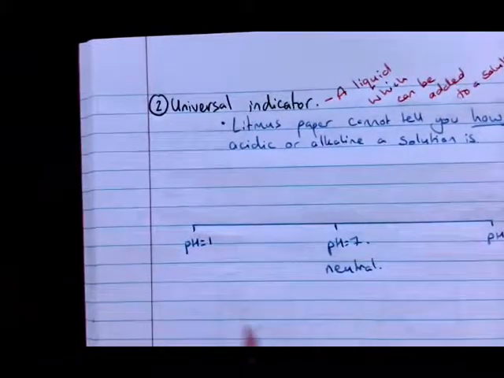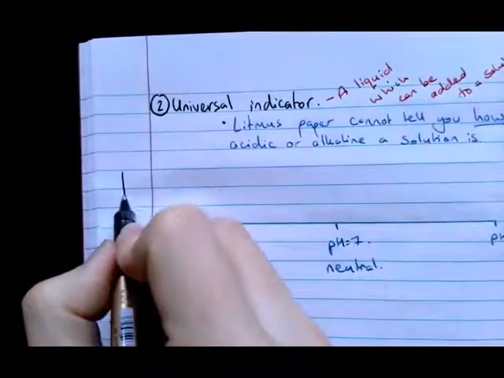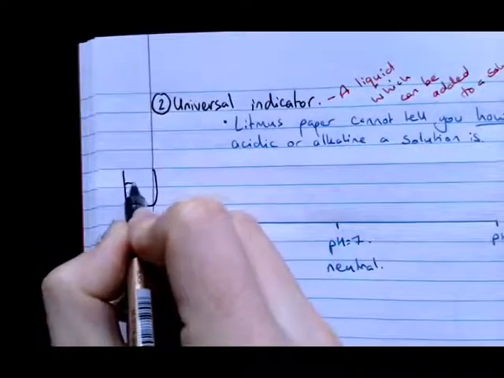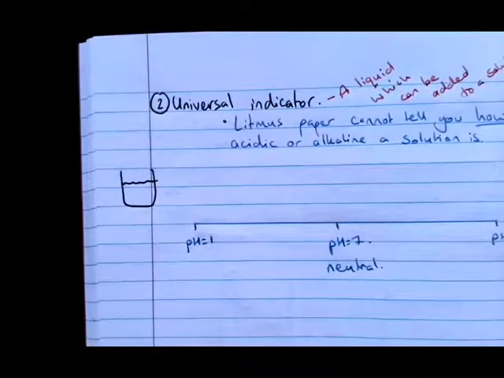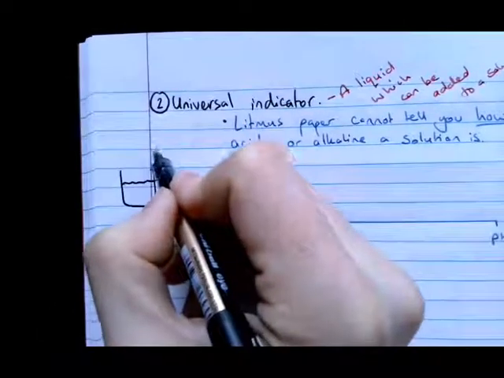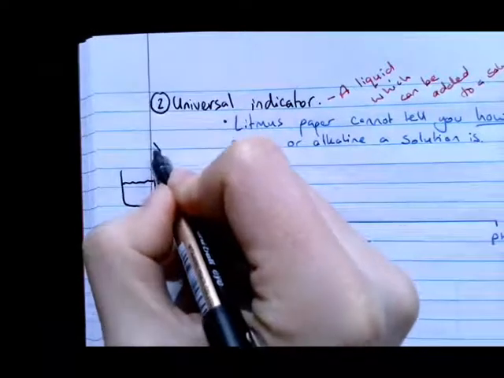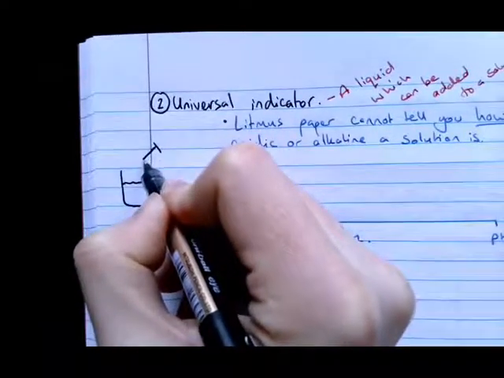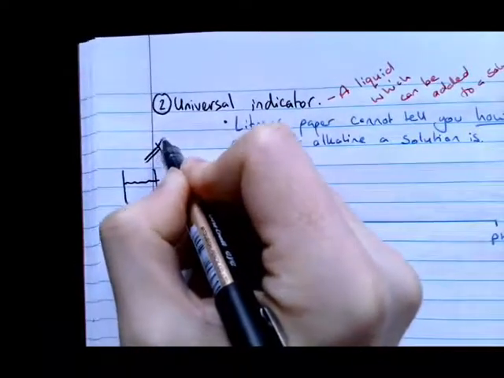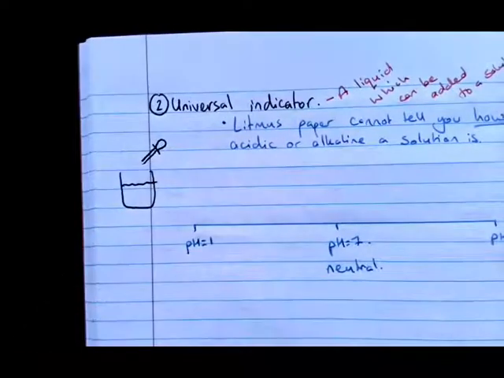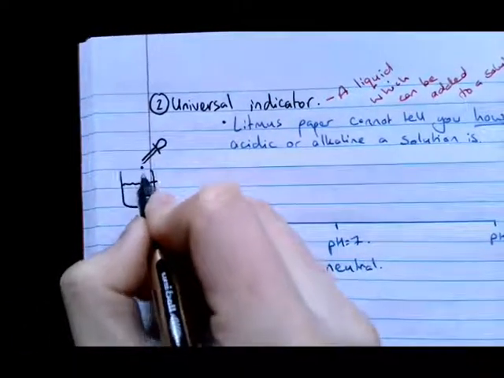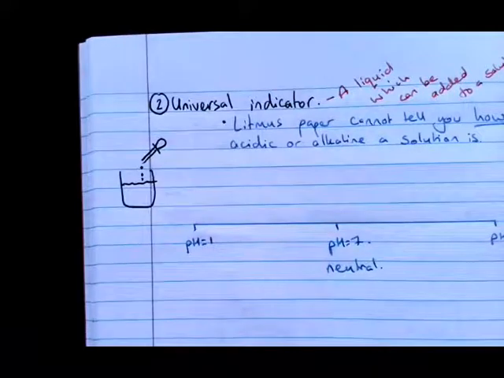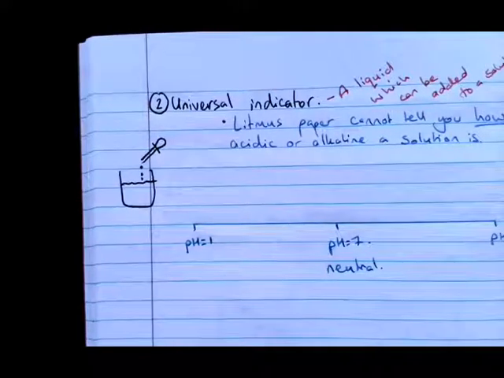So let's imagine you've got your solution here. You don't know whether it's acid or alkali. What you do is you take a pipette, which is a piece of equipment that we'll use in the lab. All right, and you just put a few drops into your solution and it will change color.